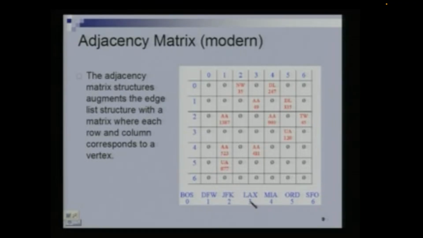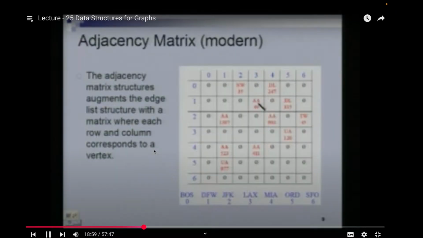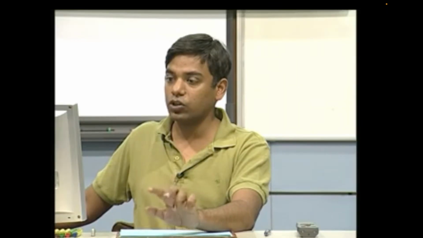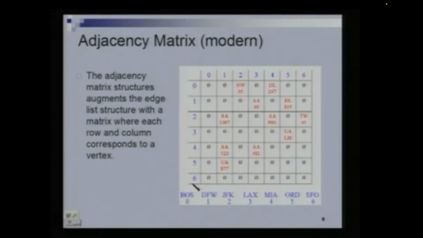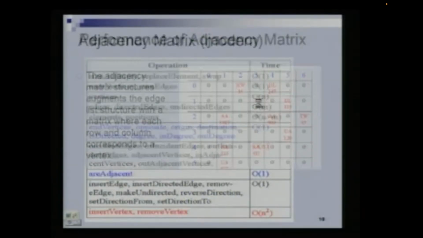So in the edge list, recall that for each edge you would have information about what the two endpoints are, right? So they could be referring to the corresponding locations here. Instead of pointers, they could just be integers. For the ones, you could also have the corresponding edge.